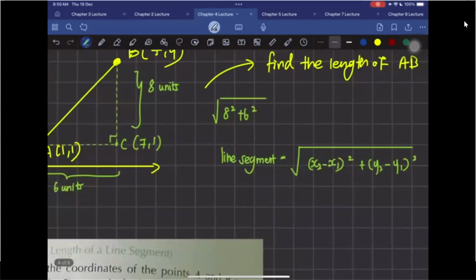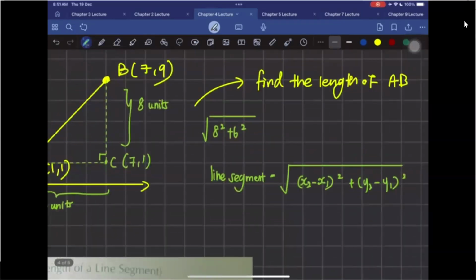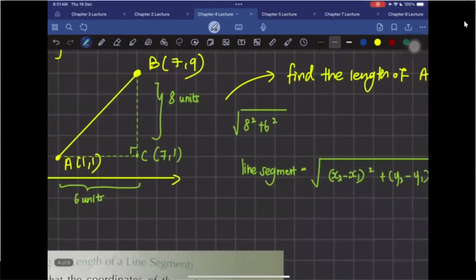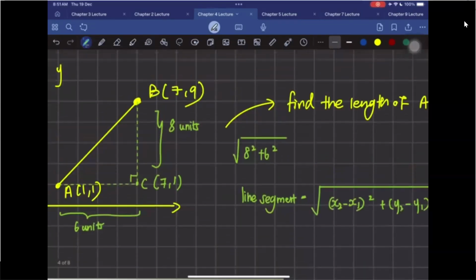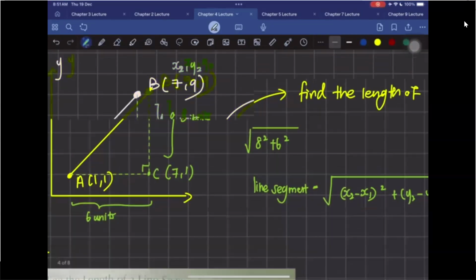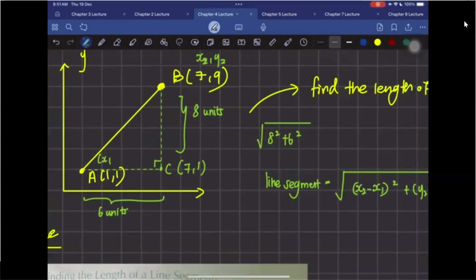Okay. So you see this formula, if we use this formula, we are gonna get the same answer. So let's see, x2 minus x1. So I let this be x2 comma y2, and then this one be x1 comma y1.